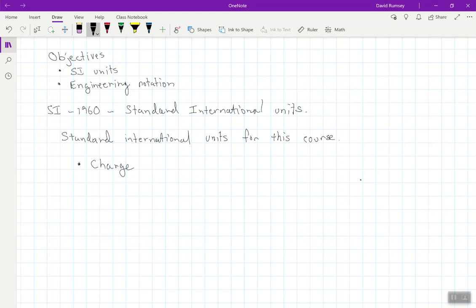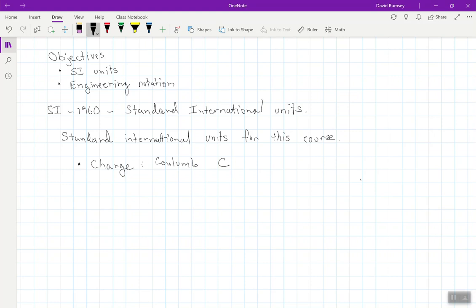Technically you're ionizing the air, and you actually get a small bolt of lightning, I mean a bolt of electricity, between you and the device that you're touching. And the standard unit for this is the coulomb, which we denote with C.